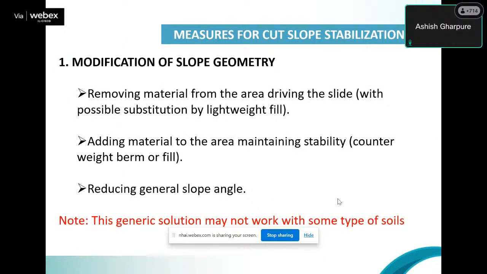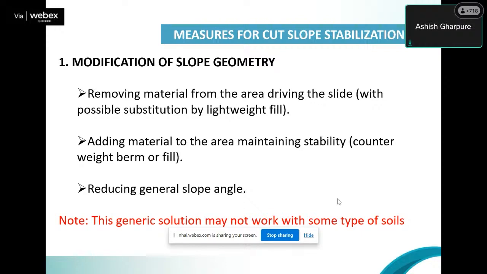Now, what kind of solutions do we come across? Most of it is known, I'm just trying to put some highlights. One simplest solution: the slope is failing because it's steep, so what do we do? We cut and make a moderate slope so that it can survive.